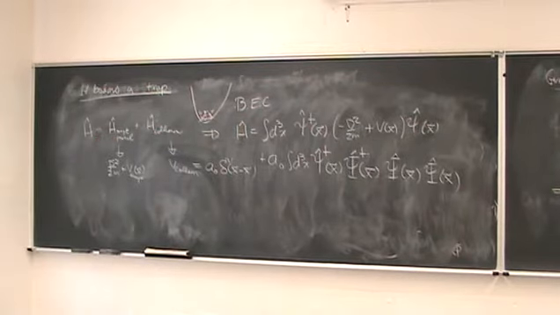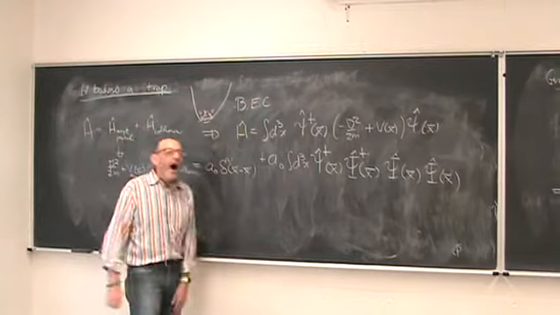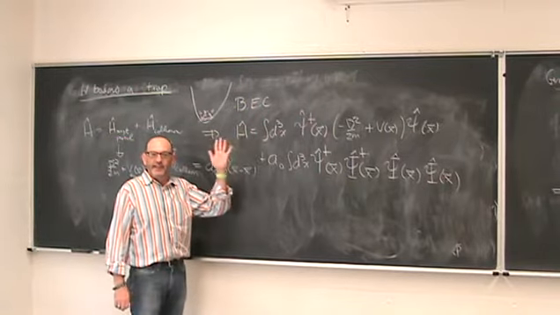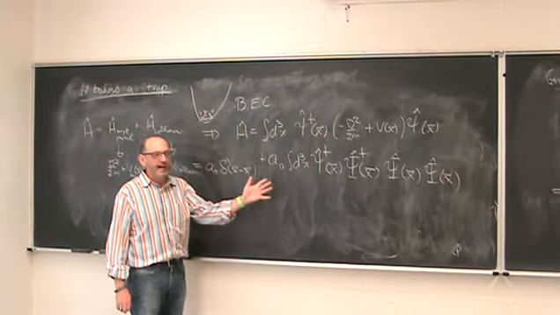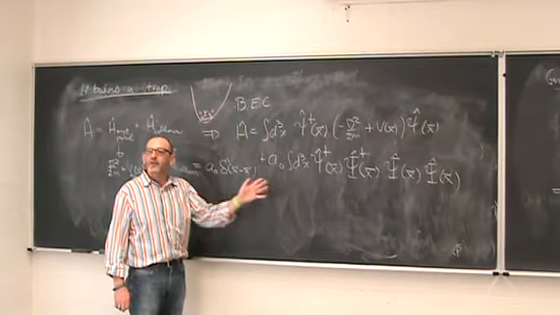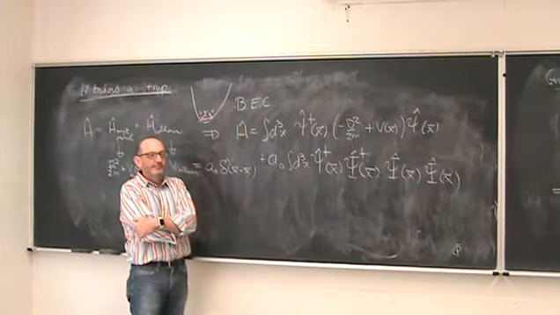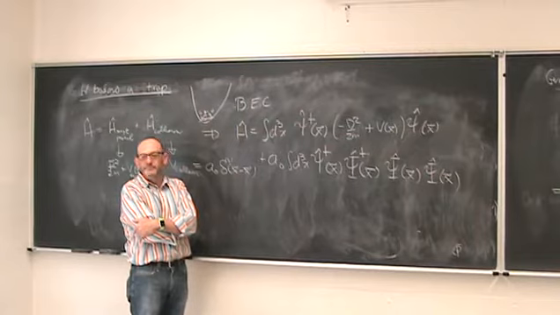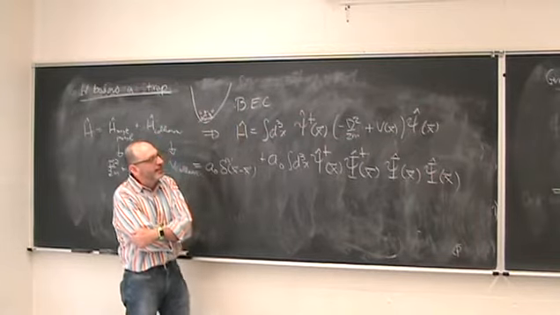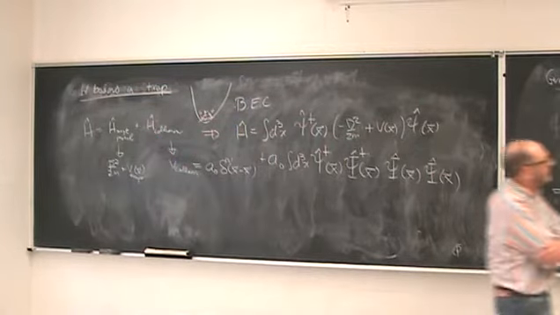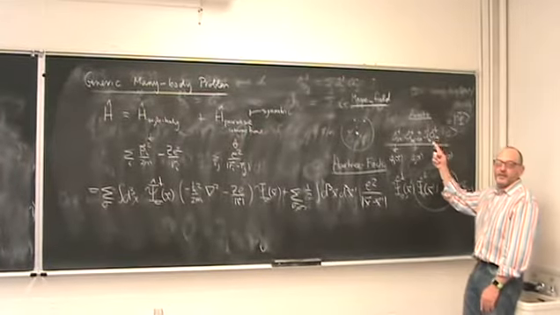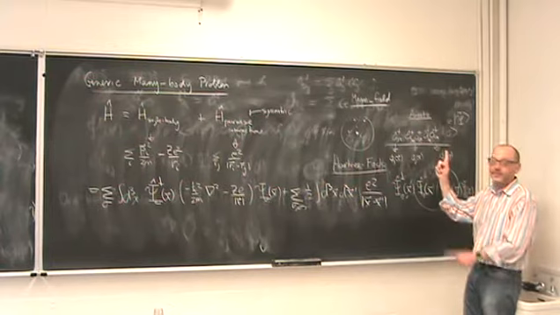Now, what would be the mean field ansatz, the Hartree-Fock ansatz here for bosons? In contrast to this state, in this state I filled them up because of the Pauli exclusion principle.